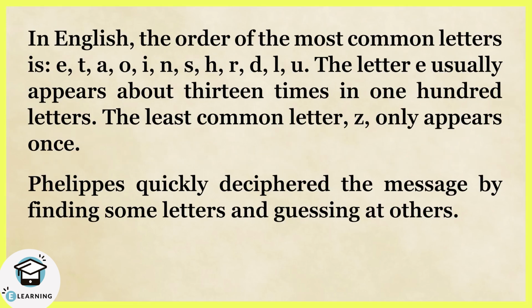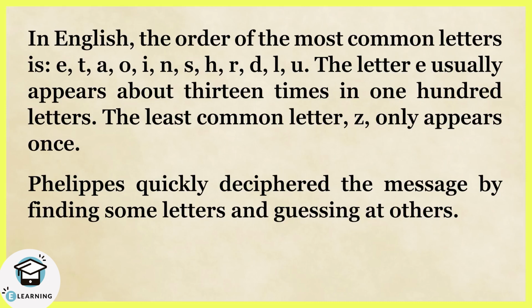In English, the order of the most common letters is E, T, A, O, I, N, S, H, R, D, L, U. The letter E usually appears about 13 times in 100 letters. The least common letter, Z, only appears once.